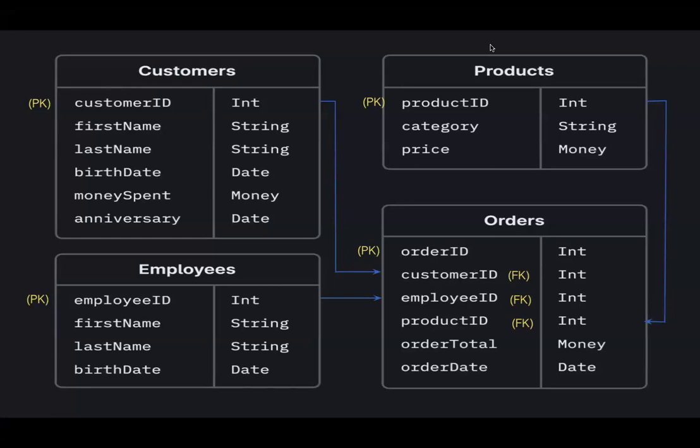But like I was saying, what do you guys think? Having the total number of units sold in the products table, would that have been very useful?